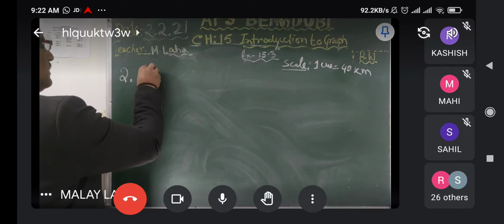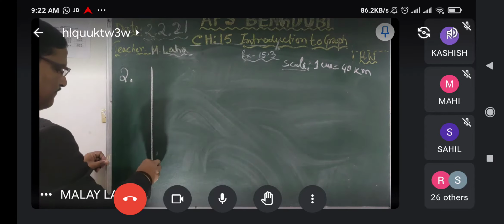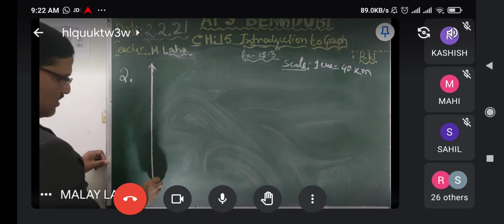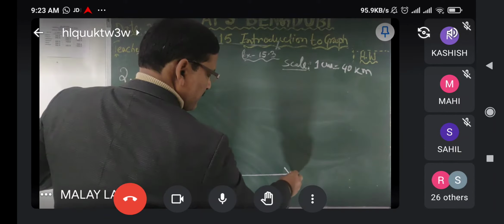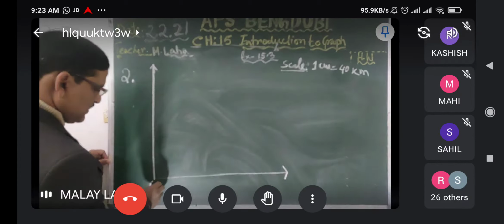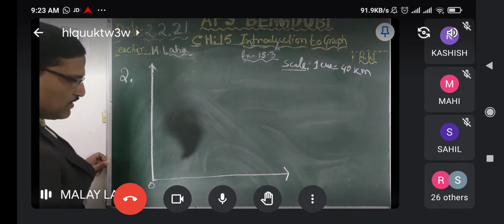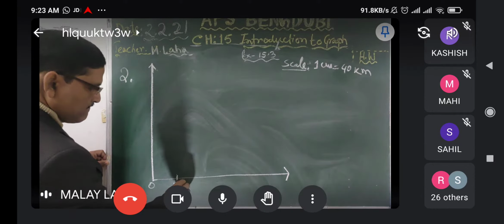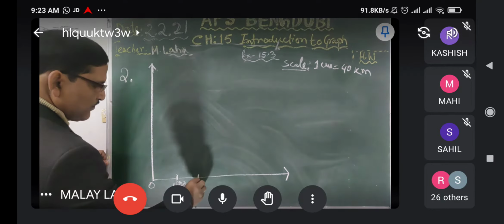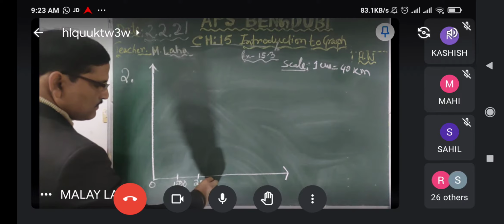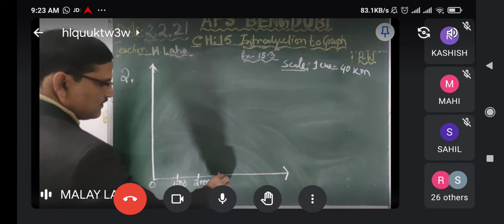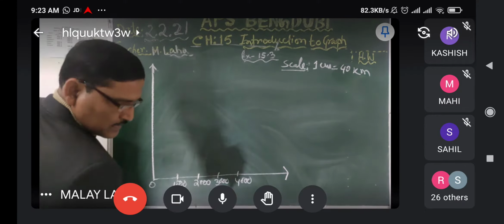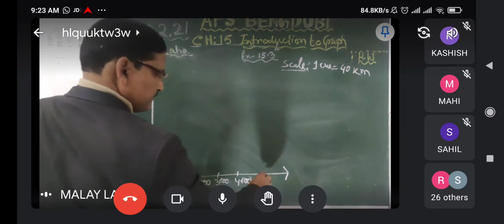So this vertical line is the y-axis, horizontal line is the x-axis, origin is 0. So this one will depend on the amount, principal. So 1000, 2000, 3000, 4000 up to 5000.